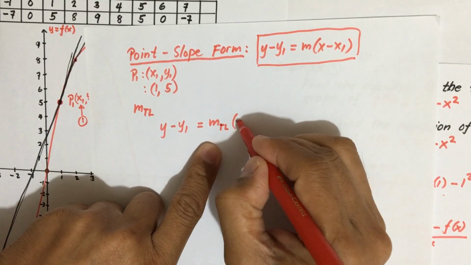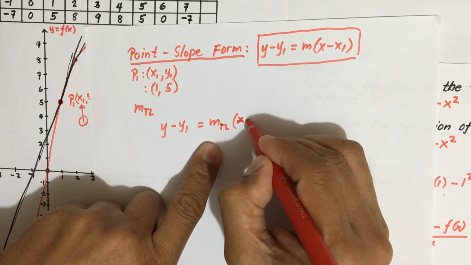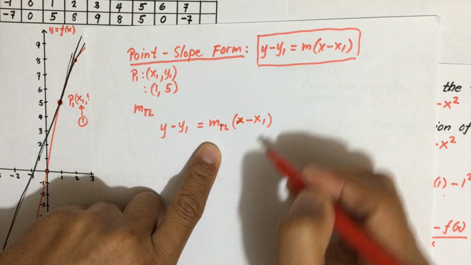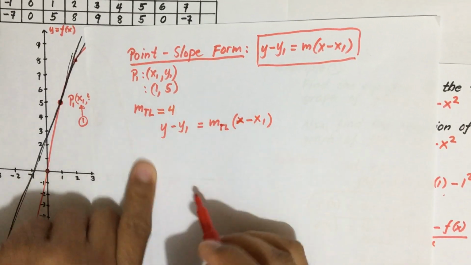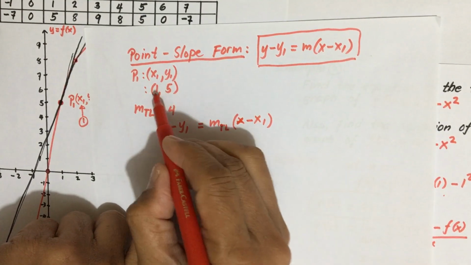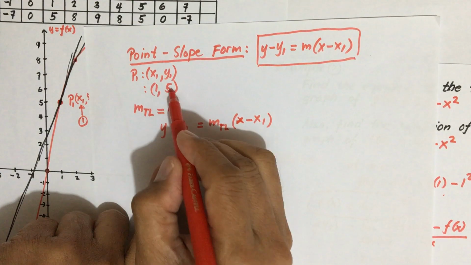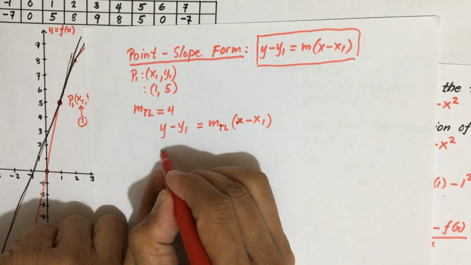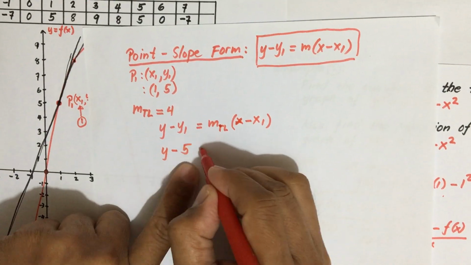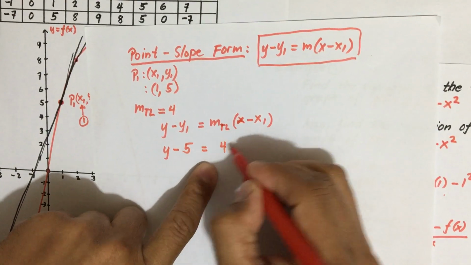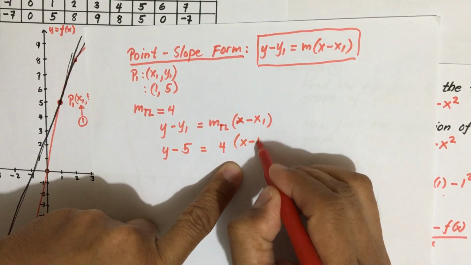So m times x minus x1. What is our m of TL? This is already solved, which is equal to 4. Then we have P1, x1, y1 equivalent to 1 and 5. So substituting this, we have y minus, our y1 is 5, equal to m of TL is 4, then x minus x1 is 1.